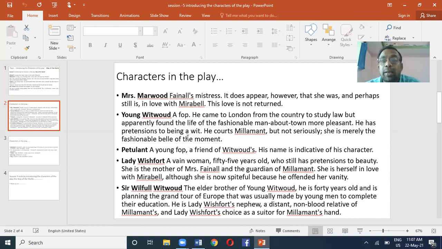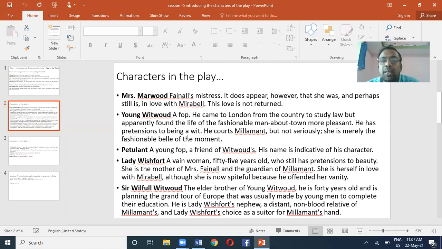He quotes Millamant. See that Millamant was actually loved by Mirabel, honestly, seriously. But here young Witwoud also quotes Millamant, but not seriously.